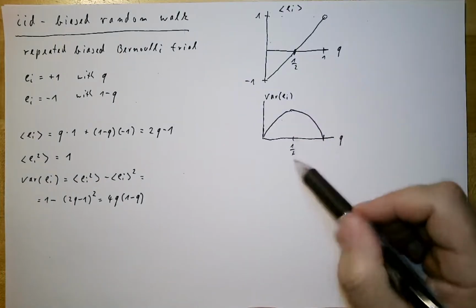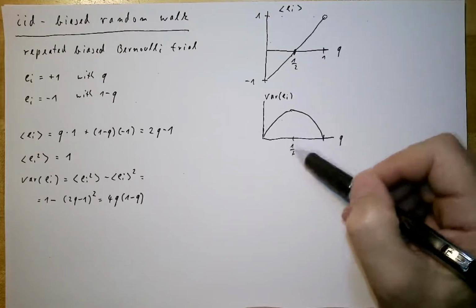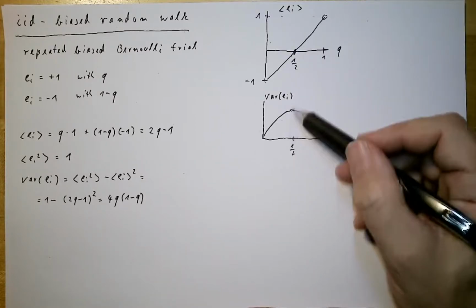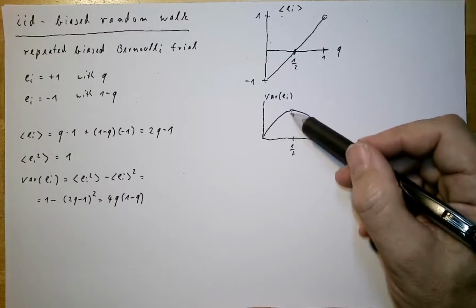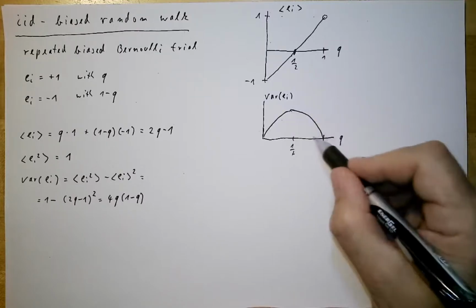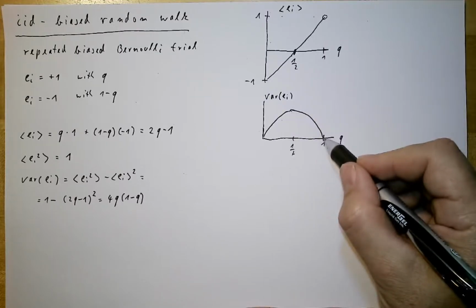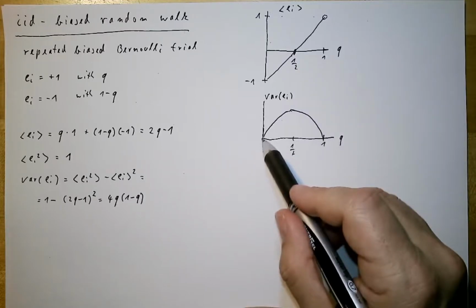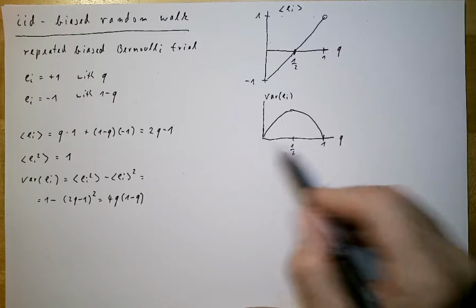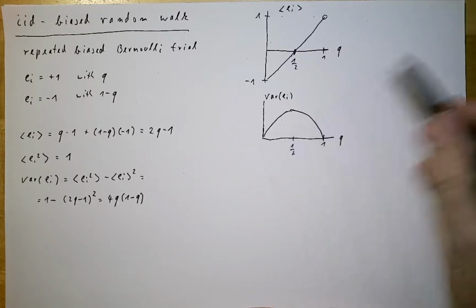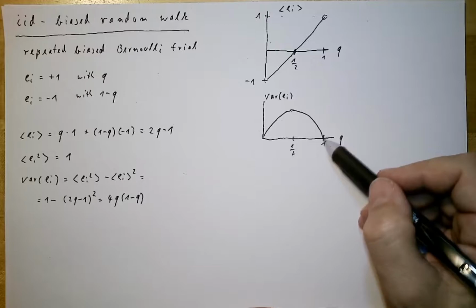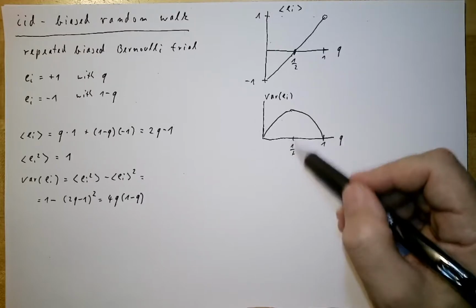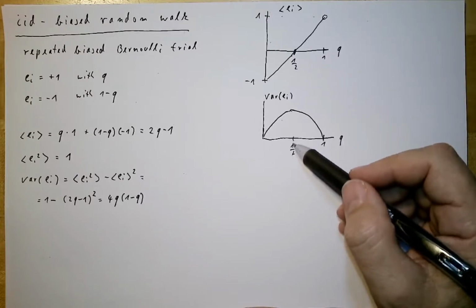The highest variance we have for the unbiased random walk, where we can go right and left. But if q equals 1 and we go only to the right, of course there is no variance left. And when we always go to the left, there is also no variance left. So we basically have ballistic motion where we just go in a straight line. There's no variance, and the largest variance we have for the unbiased random walk.